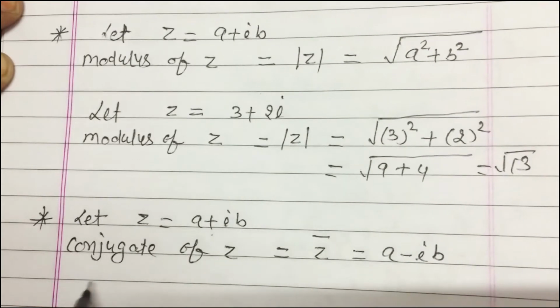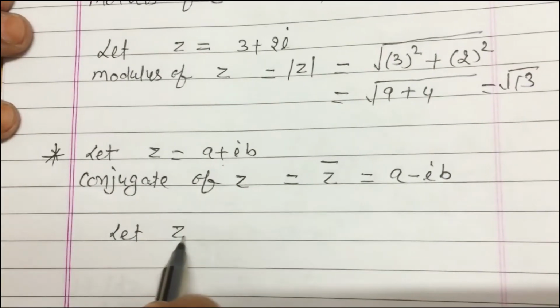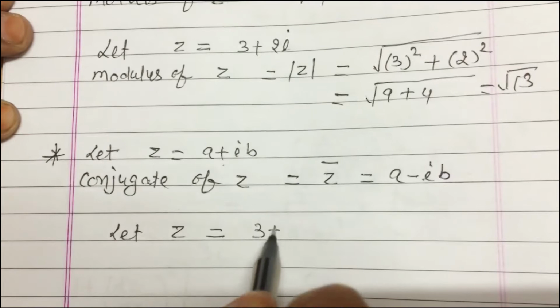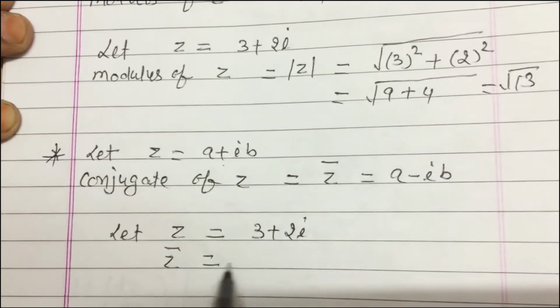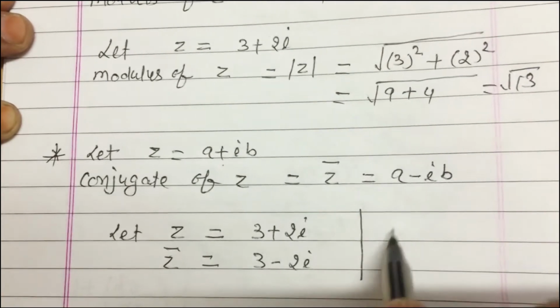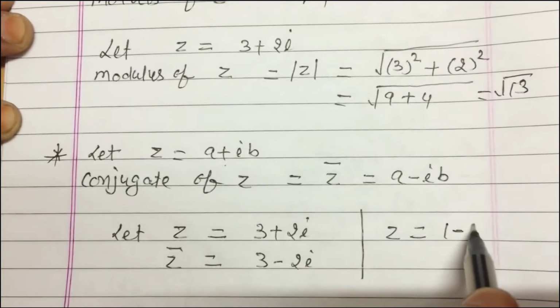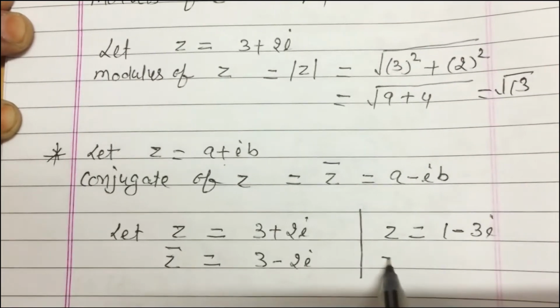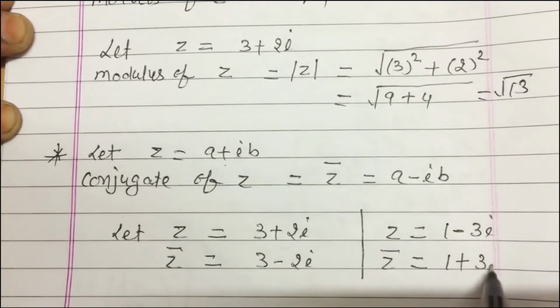Now take one example. Let z equal 3 plus 2i, then conjugate of z is 3 minus 2i. But if z equals 1 minus 3i, then conjugate of z is 1 plus 3i.